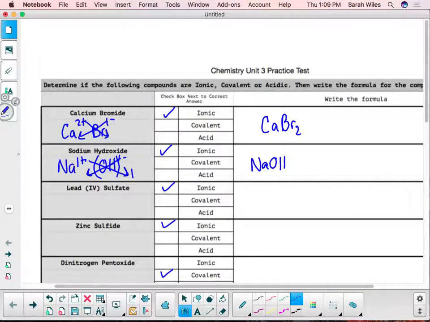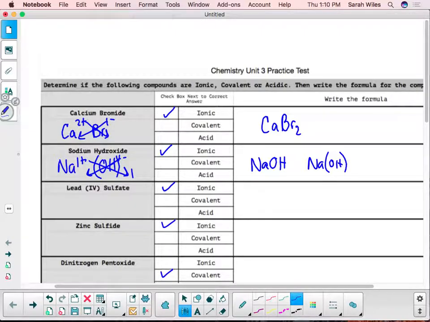However, if you are in doubt, I would put parentheses anyway, because I would give full credit for both of these answers. So if you're the person that's like, oh my goodness, that's just one more thing I'm going to have to sort out and I don't want to get it wrong, include parentheses, put all of your polyatomic ions in parentheses. Because it's not a sin to put a polyatomic ion in parentheses that doesn't need it. It is a sin to forget parentheses. It's a chemical sin.